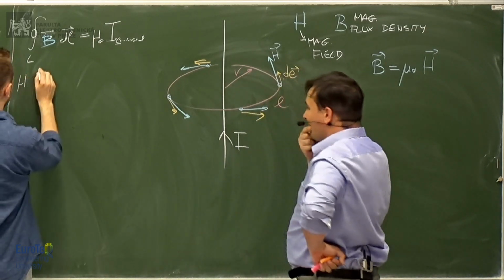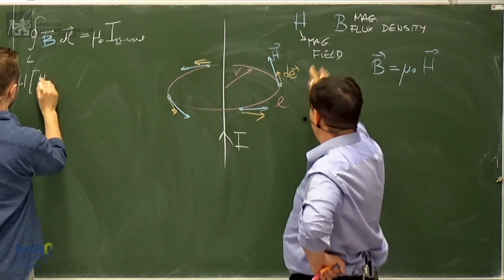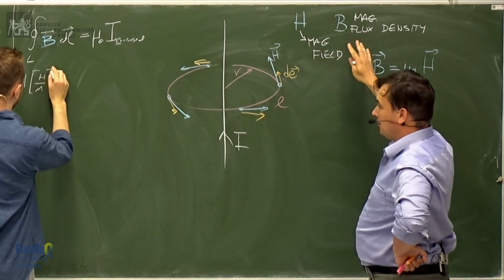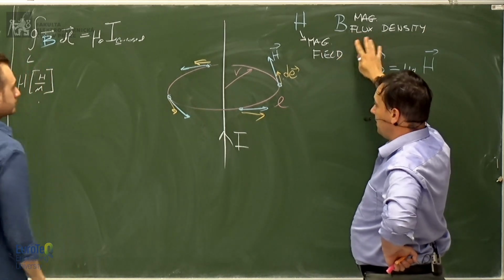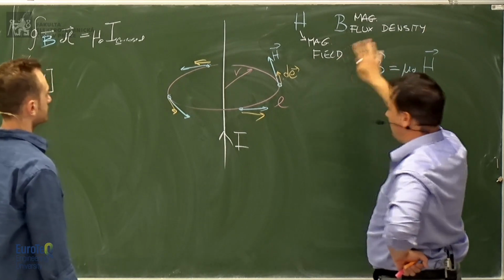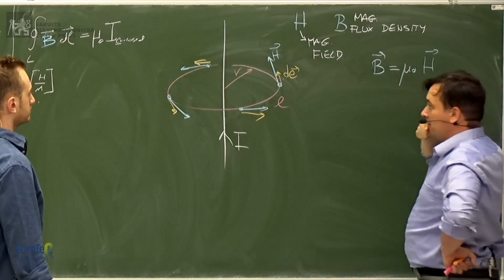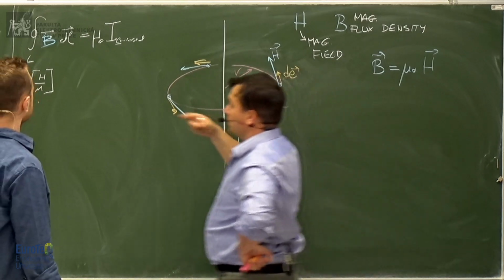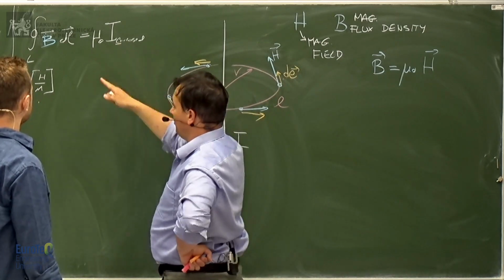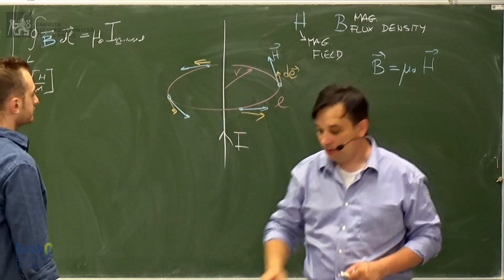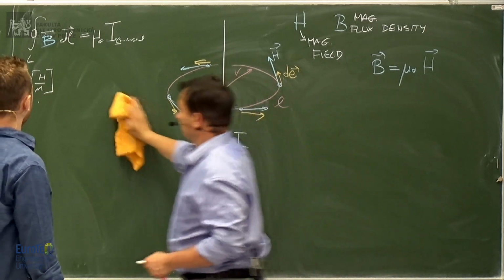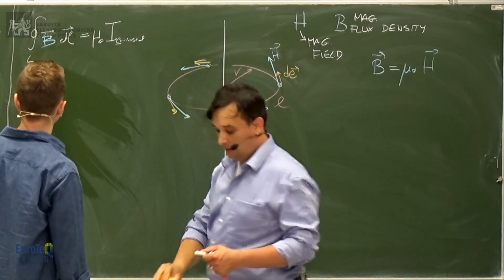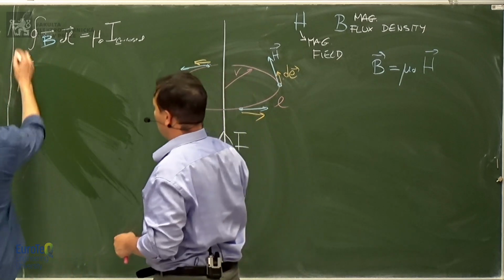I was focusing on this difference. Because if you divide by mu on both sides, the mu disappears, and the current comes over to the side.